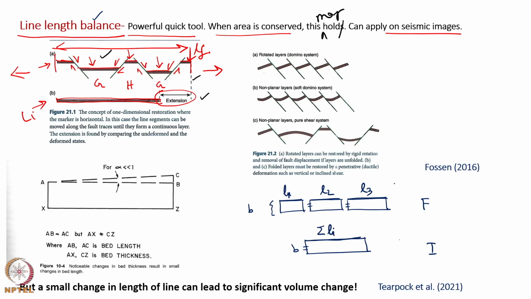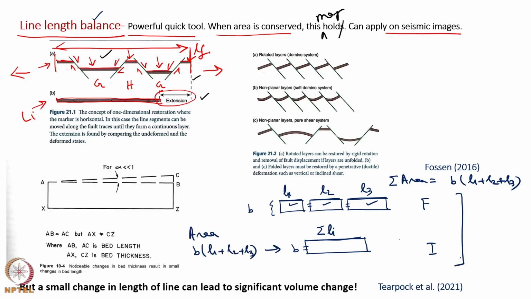In this case, the total area of the three rectangles is given by B multiplied by L1 plus L2 plus L3, and in this case also the area is given by B multiplied by L1 plus L2 plus L3. So, this is a good example where both line length balance and area balance have been made.